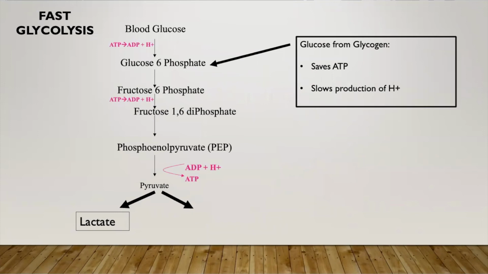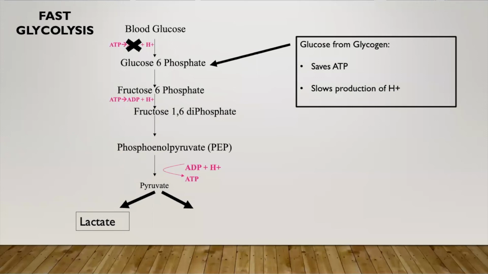So to recap, fast glycolysis, really for explosive athletes, is coming from stored glycogen, not from blood glucose. It saves ATP, slows the production of hydrogen ions, and allows the system to run a little bit longer.